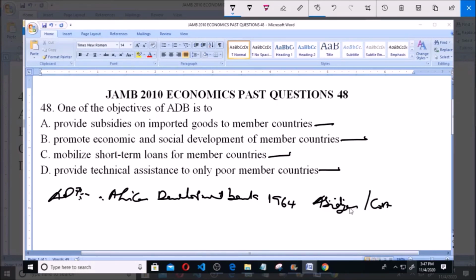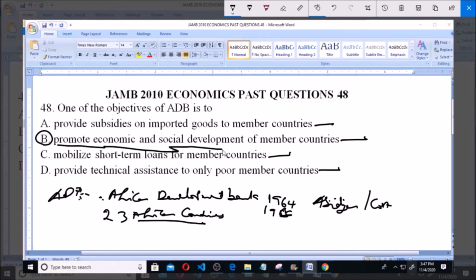It started full operation in 1966, and as at when it started, it had 23 African countries. So it is a bank owned by African countries. So its main objective is option B, which is to promote economic and social development of member countries. So B is the correct answer.